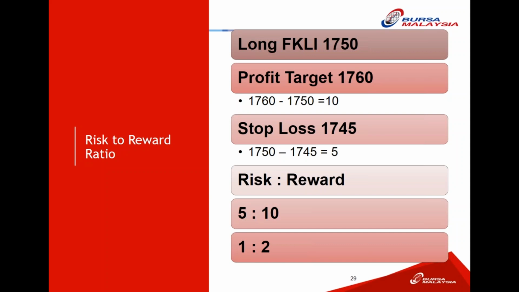This is your stop profit target. If you put it in the computer, it will be a stop profit, and the stop loss will be, for example, 1,745, which is a 5-point loss. So your risk is 5 points and your gain potentially is 10 points. You get a 5 to 10 ratio. If you simplify it, it's actually 1 to 2. This is how you define it.